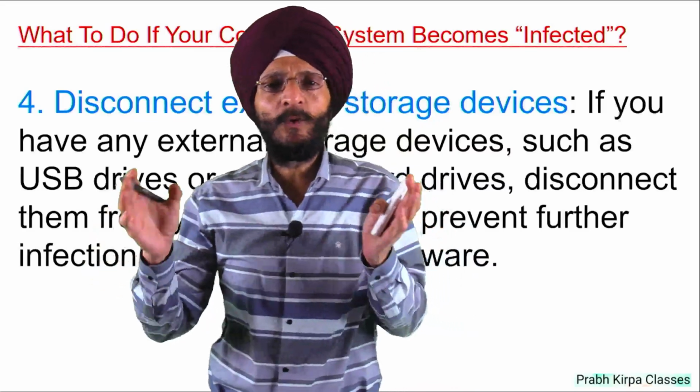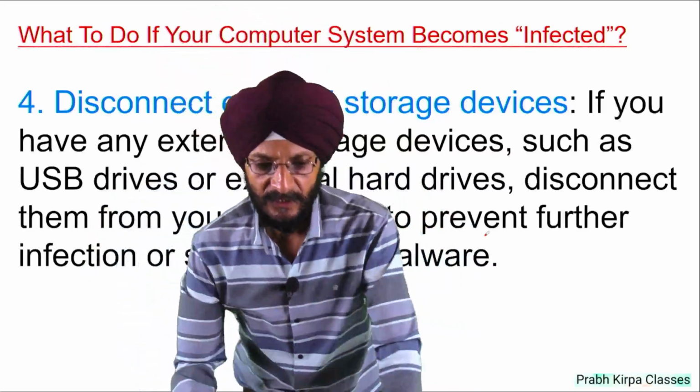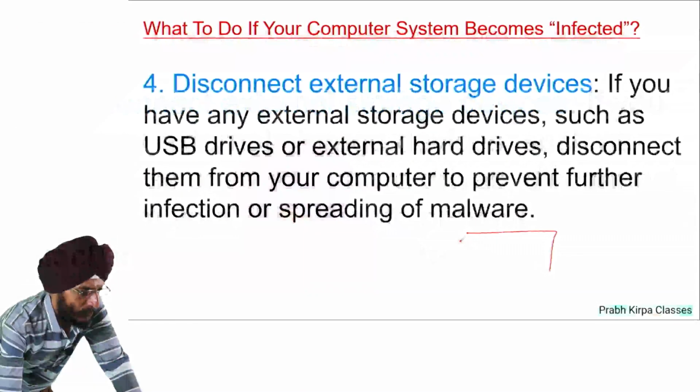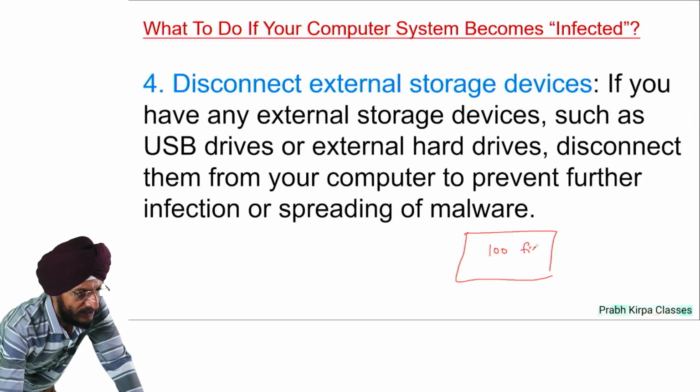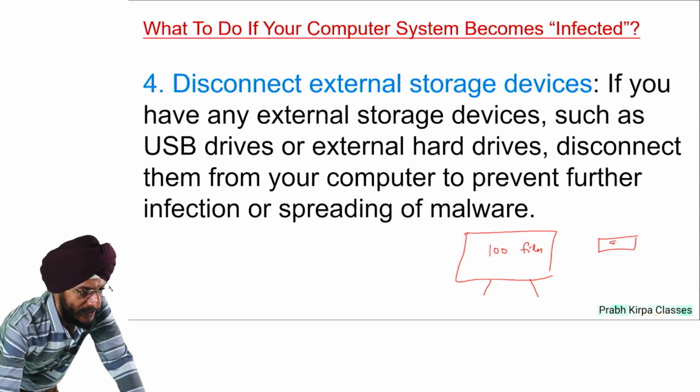Then it may be quite possible that our computer system has, say, 100 files stored in it. We are taking only an example. We may have an external storage device for keeping a backup of important files, attached to it.